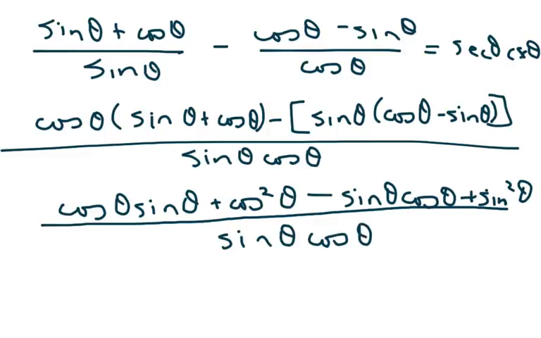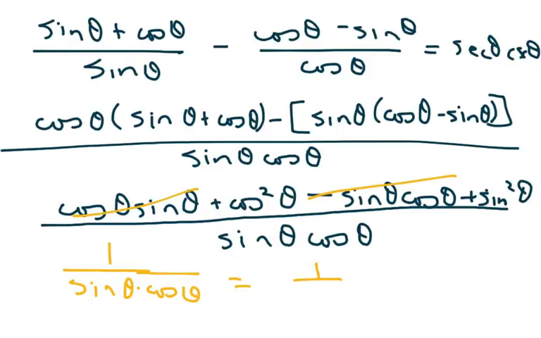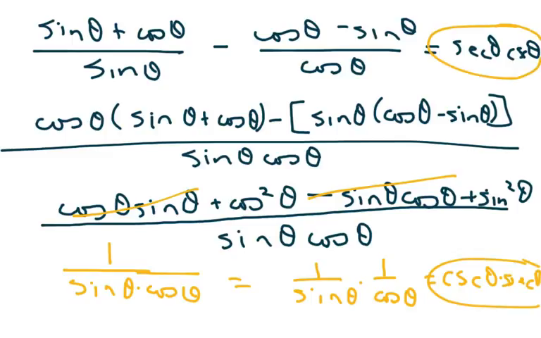Now these two cancel, and sine squared plus cosine squared is 1. So we have 1 over sine theta times cosine of theta, which is the same as 1 over sine theta times 1 over cosine theta, which is the same as cosecant theta times secant theta, which is what we have. It doesn't matter that these are not in the same order.